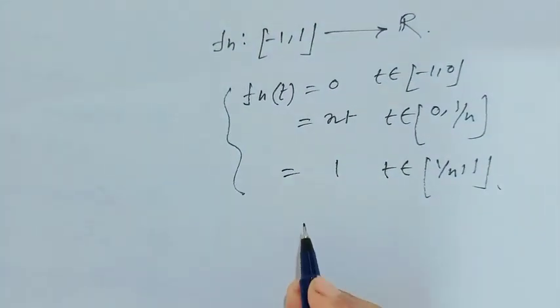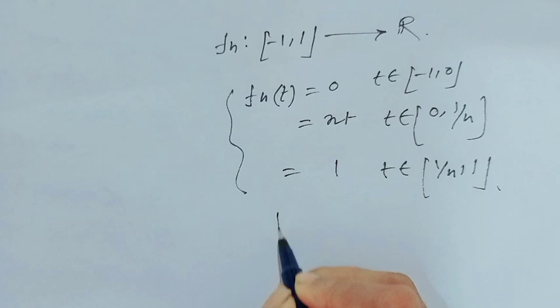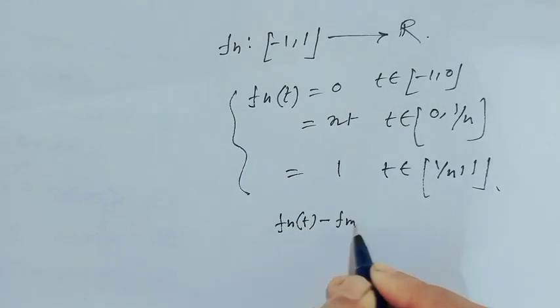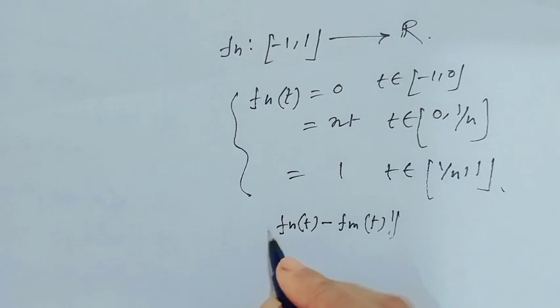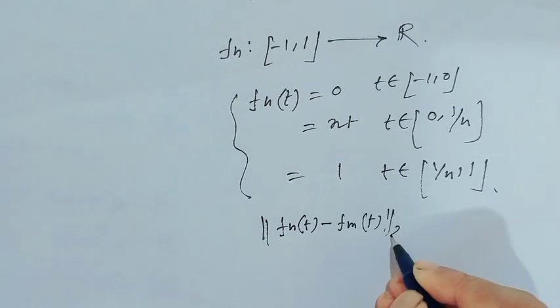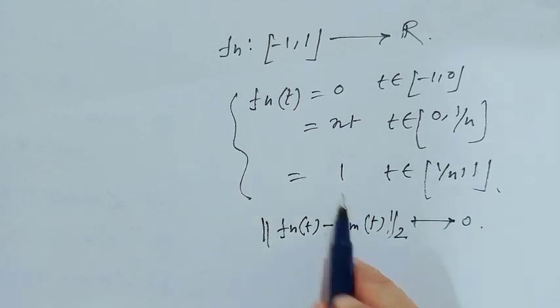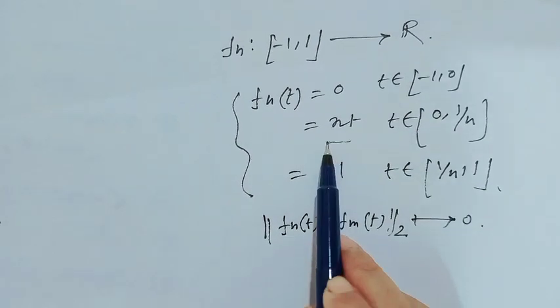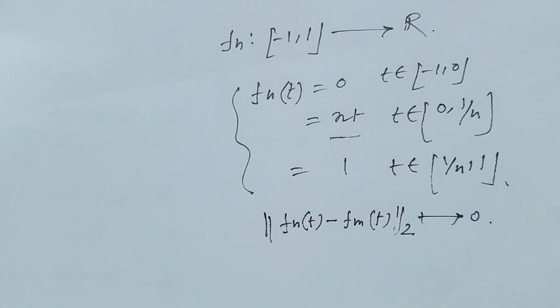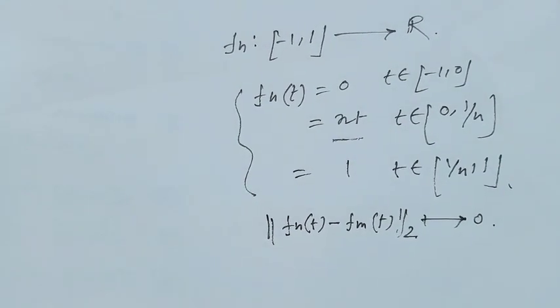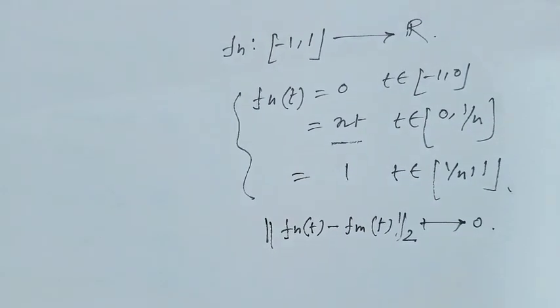Obviously, this sequence of functions is a Cauchy sequence because the norm of f_n(t) minus f_m(t) with respect to this norm, meaning the 2-norm, tends to 0. So just calculate it on your own. This is a very easy proof. This type of example I have discussed in my previous video on sequences of functions.